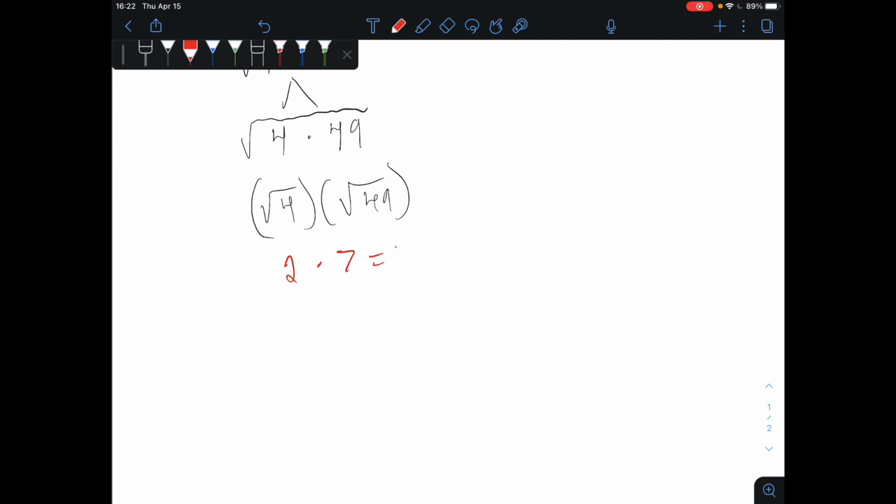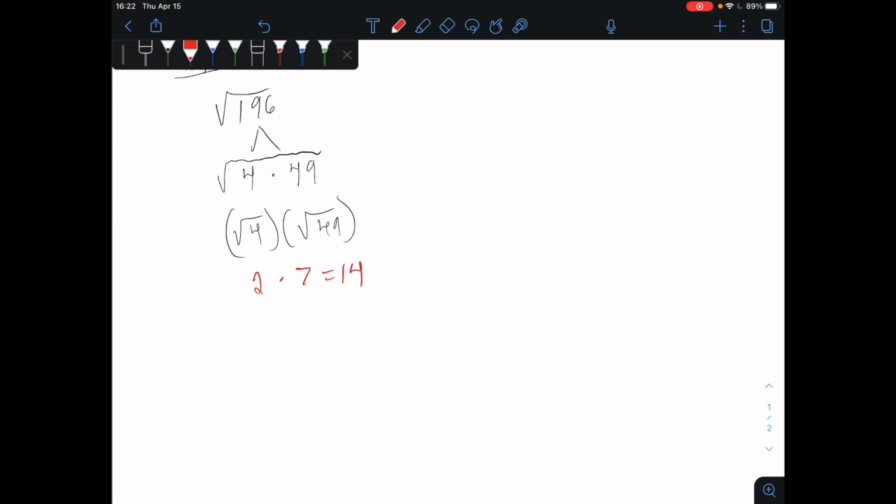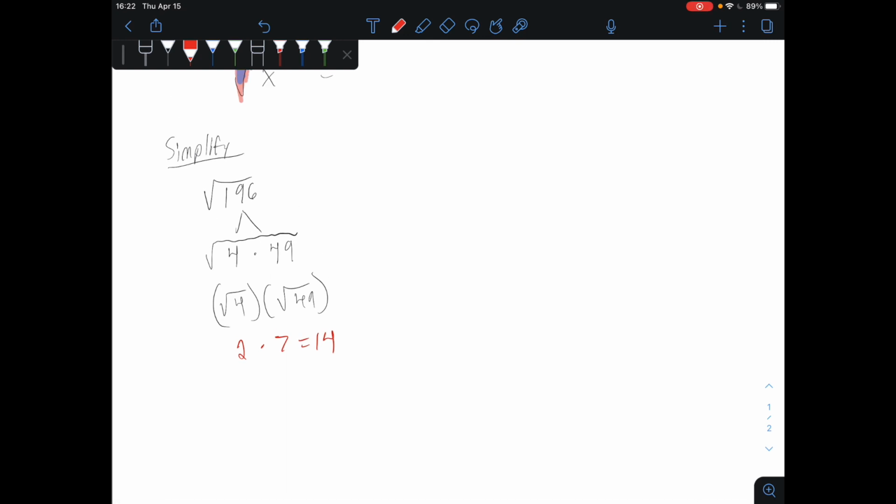So 2 times 7 is 14. And if you happen to know that the square root of 196 is 14, good job. If not, then we figured it out a little bit of a different way, but still got the same answer that we needed.